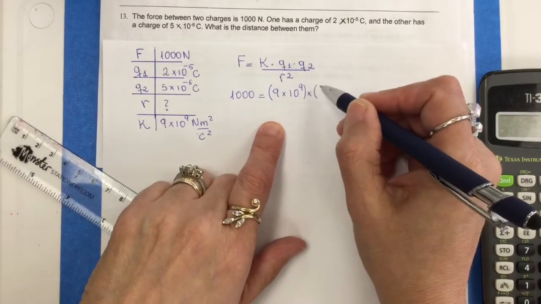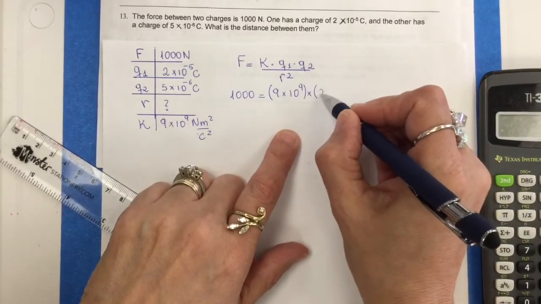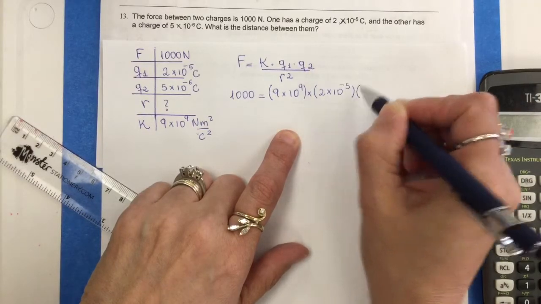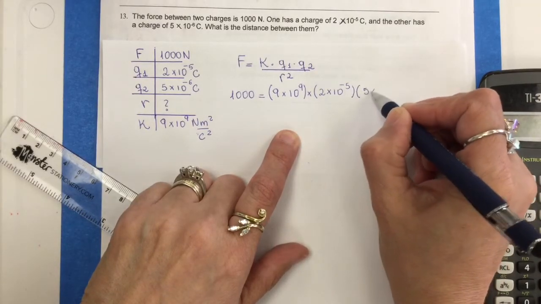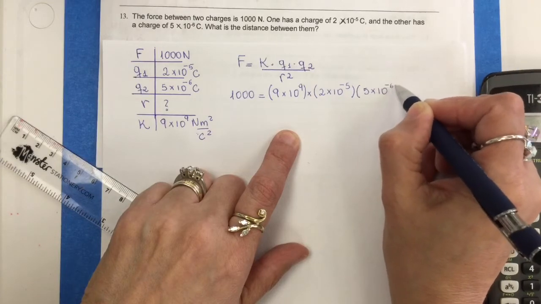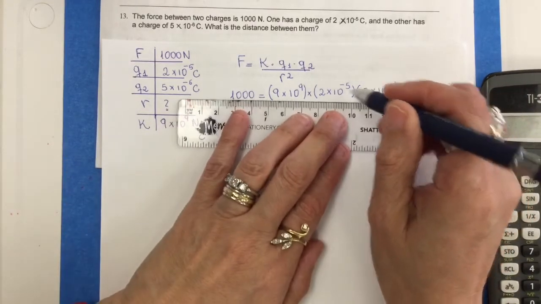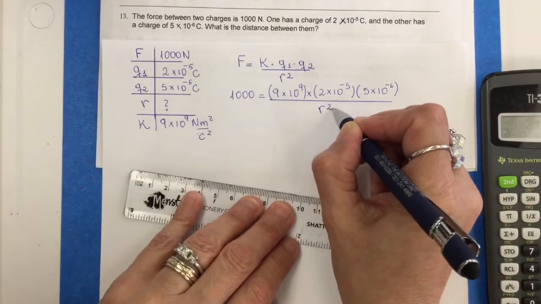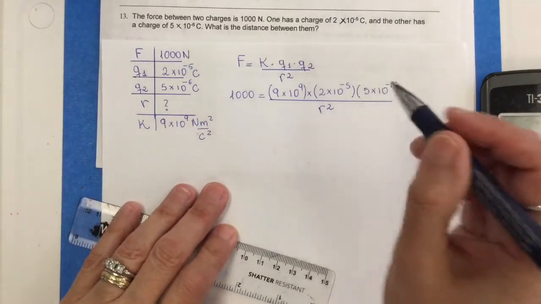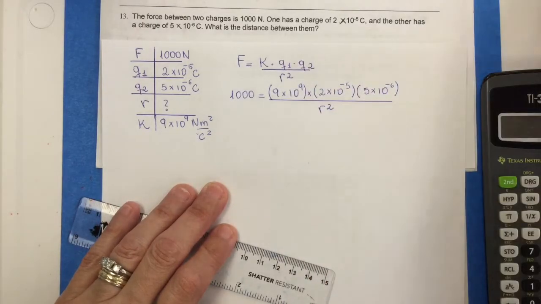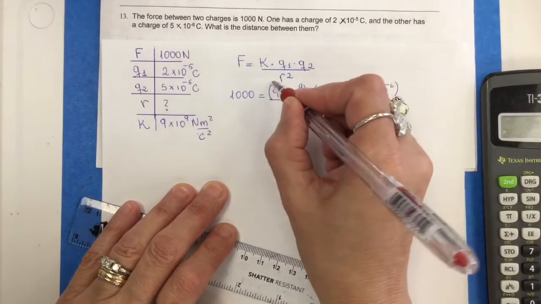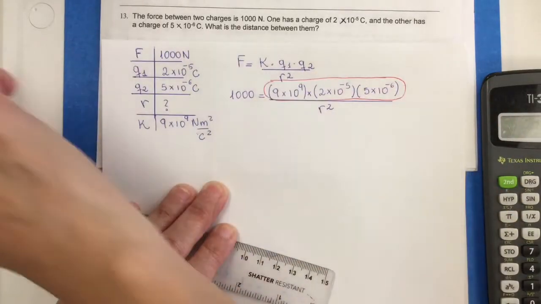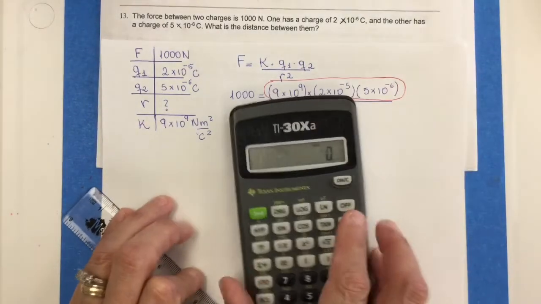All right, so here we have our K. Our Q1 is 2 times 10 to the minus 5. Our Q2 is 5 times 10 to the minus 6. The distance is what it's looking for. So first we are going to solve the product of all these numbers. Let's use this calculator.